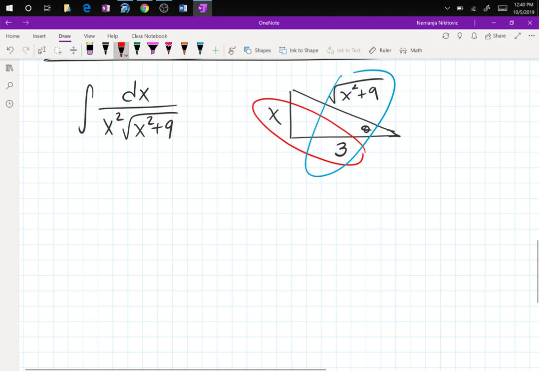So for the red one, I can immediately see tangent theta is x over 3. x is equal to 3 tangent theta, and then dx immediately is 3 secant squared theta d theta. As soon as you calculate x, you immediately find dx, because you have to replace dx as well.